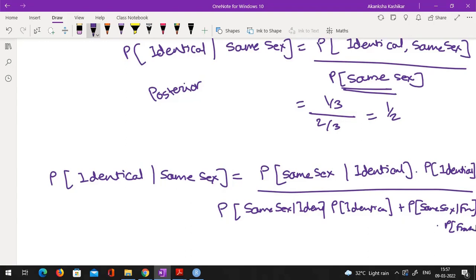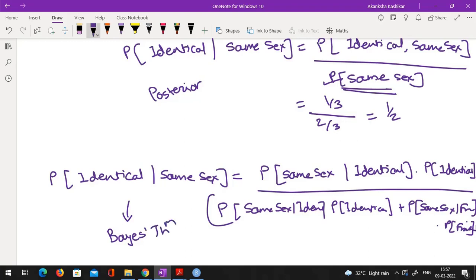Do you agree with me that this probability is the same as this sum? This is the law of total probability, partitioning this event, and this is exactly what Bayes theorem tells. This is exactly Bayes theorem.